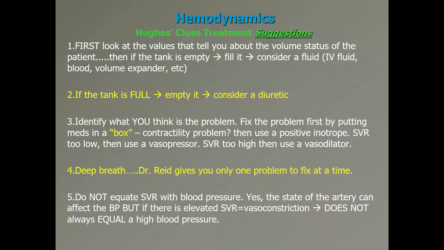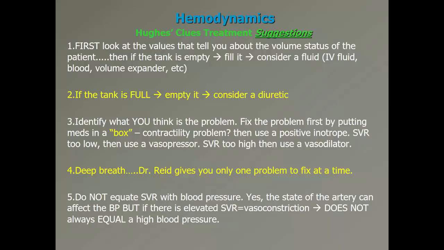When you are faced with a bunch of hemodynamic data, first look at all the values. Stay calm and look at all the values that tell you about the volume status of the patient. You have to know if the patient is volume overloaded or whether their volume status is depleted. When I say the tank is empty, that's what I'm talking about, their vascular space.